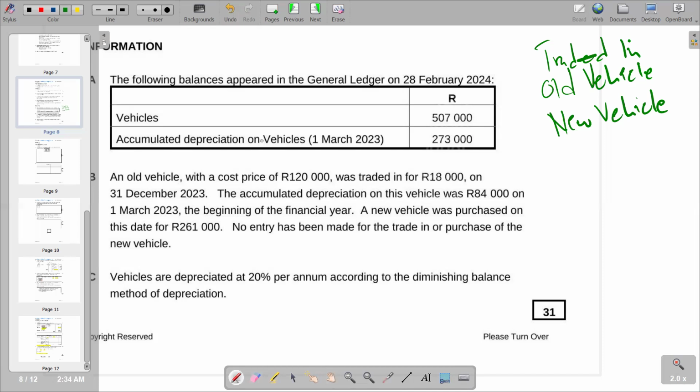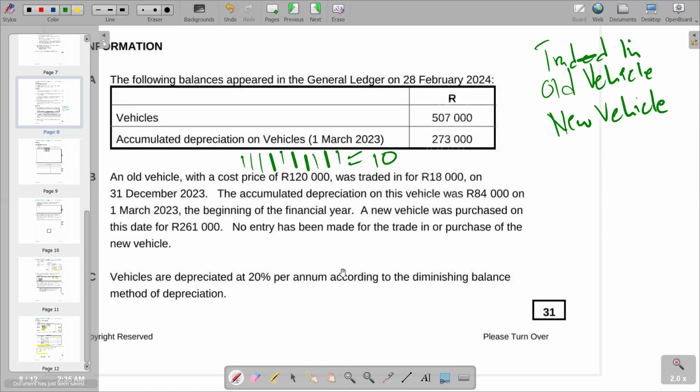Our year starts at the beginning of March. So you're saying March, April, May, June, July, August, September, October, November, December: 1, 2, 3, 4, 5, 6, 7, 8, 9, 10. So this vehicle that is being traded in stayed for 10 months.